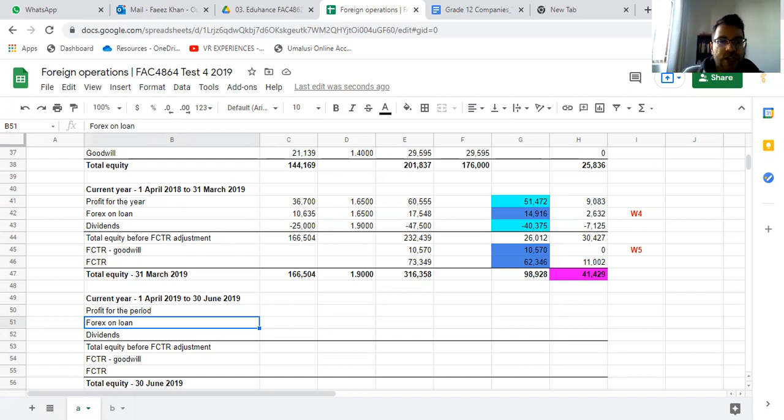So if we go to the scenario, we'll have to find out what the profit is during this period. They gave us profit for the year. So just have a look quickly.